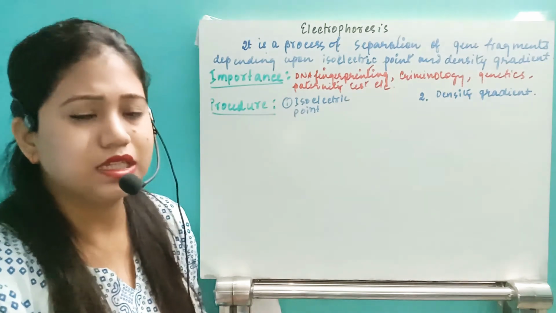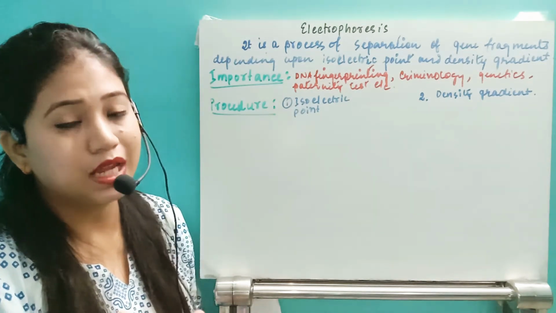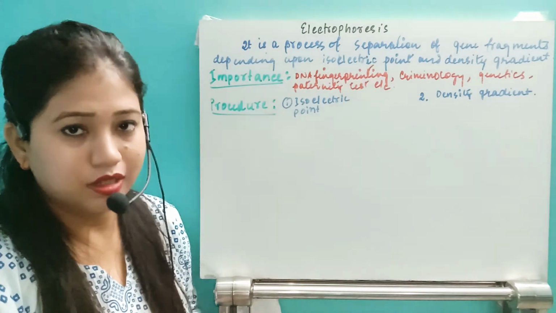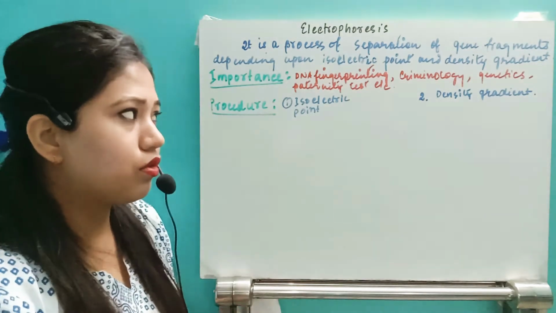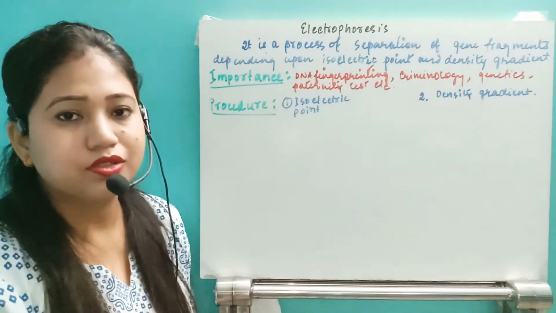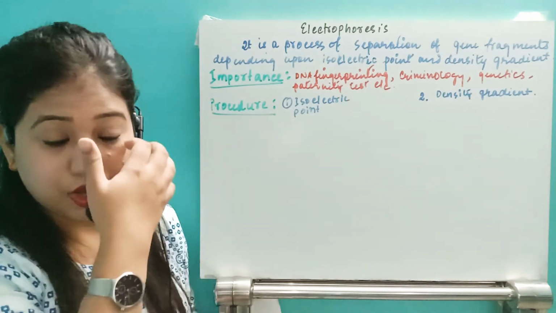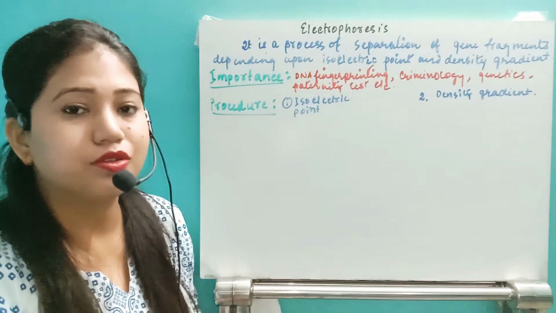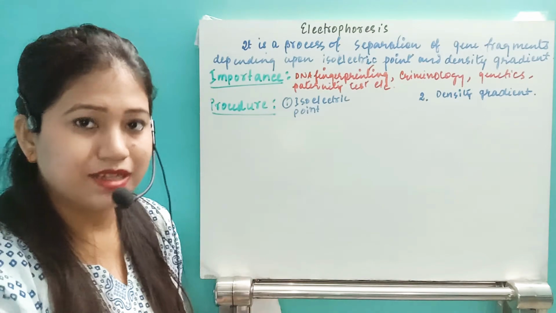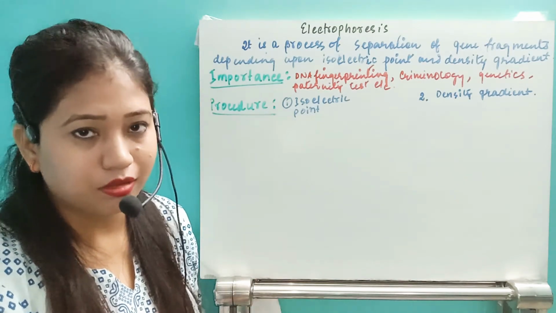Similarly, the DNA fingerprinting is also different for all individuals, right? Next one, in criminology, in crime scenes, we are able to get samples from the crime scene, and after that we can find out the gene fragment banding pattern, and we can find out the criminals.